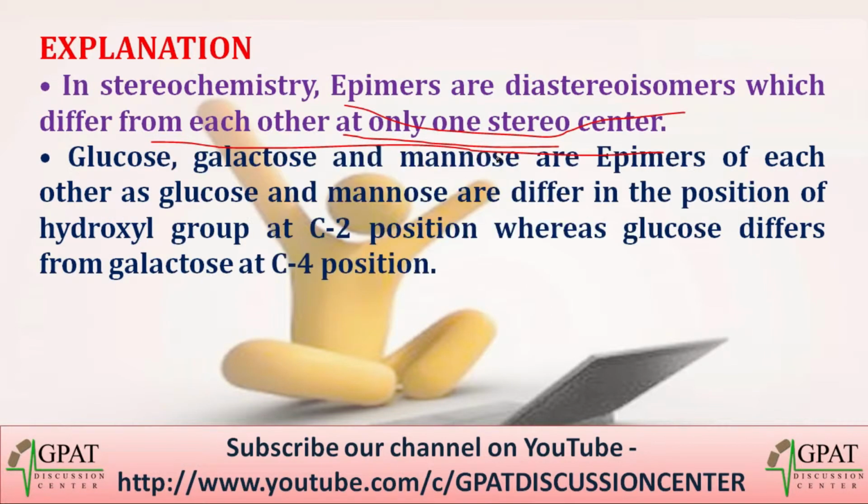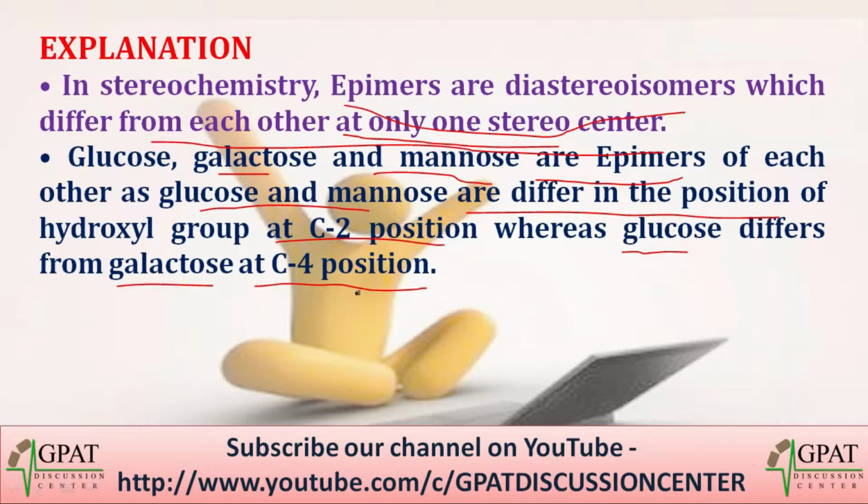So glucose, galactose, and mannose are epimers of each other, where glucose and mannose differ in the position of the hydroxyl group at the C2 position, whereas glucose differs from galactose at the C4 position.